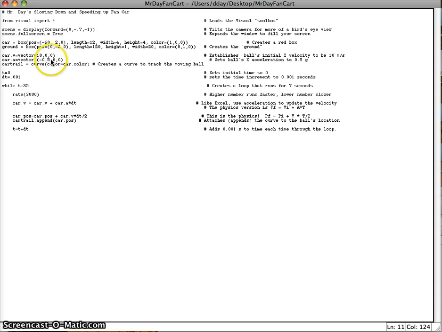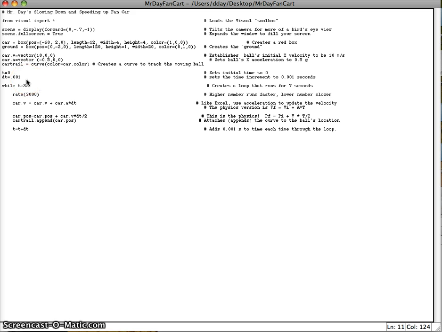It doesn't have to be exactly the same acceleration as my car. I'm just playing with the acceleration to make it behave like my fan cart behaved. And let's just see if it works. I have my equation v equals initial velocity plus at right here. And the computer is just doing this over and over every thousandth of a second for 35 seconds.